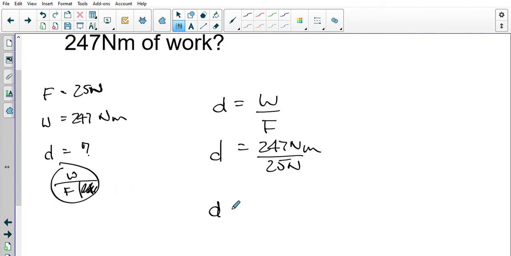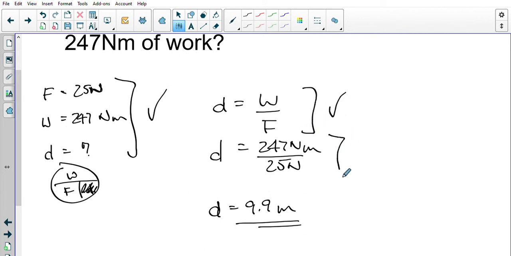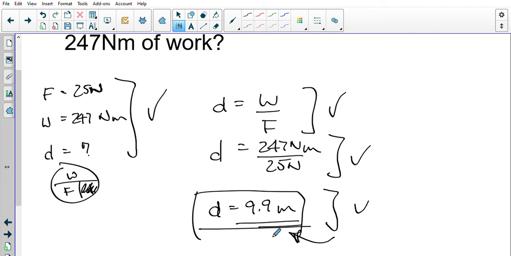And our distance is equal to 9.9, or 9.88 meters, so 9.9 meters. That's the distance that we moved it. Just a reminder, I want to see this, and put lines underneath it or put a box around it. Do something so the answer shows up.